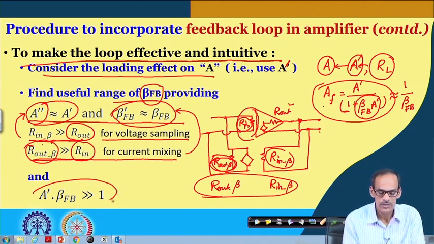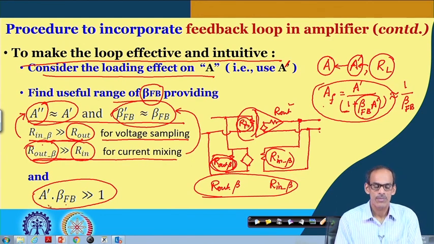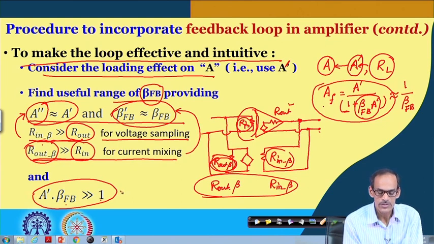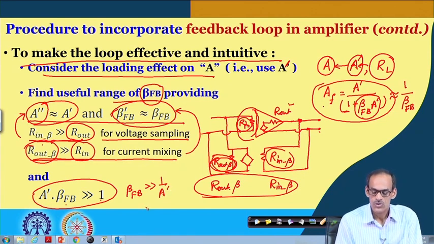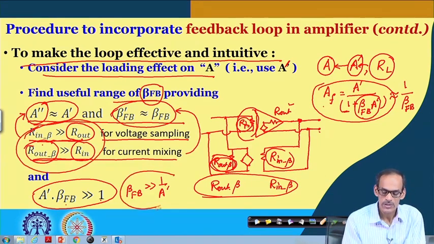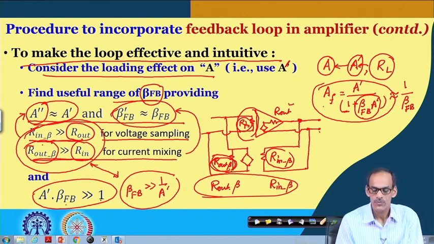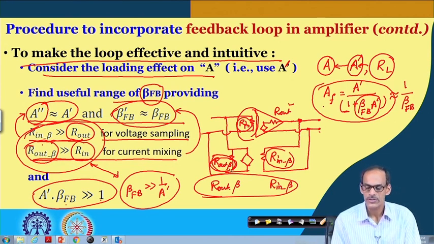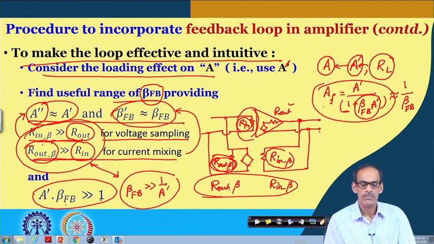So, A dash into beta f b should be much higher than 1, and this gives us that beta f b is much higher than 1 by A dash. So, these two conditions, along with the earlier condition, will help us to find the suitable range of the feedback network circuit components, and that will help us to get a very effective feedback connection.